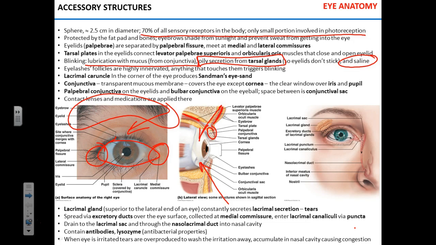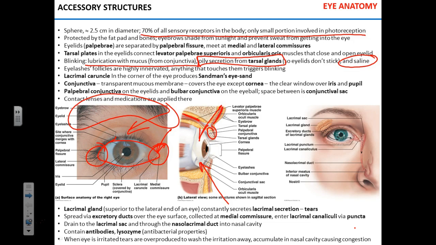A little gland here in the corner, sort of an interesting factoid, called the lacrimal caruncle, produces a pretty much solid secretion that solidifies overnight, called Sandman's eye sand. Its function is not exactly known, it just produces those little yellowish crumbles that you have in the corner of your eye. It's called Sandman's eye sand.